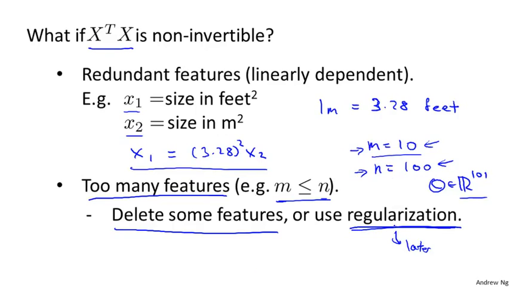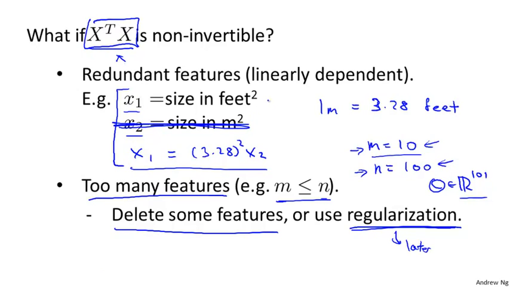To summarize, if ever you find that X transpose X is singular, or non-invertible, what I would recommend you do is first look at your features and see if you have redundant features, like x1 and x2 being linearly dependent, a linear function of each other. If you do have redundant features, and you just delete one of them, since you really don't need both, that would solve your non-invertibility problem.